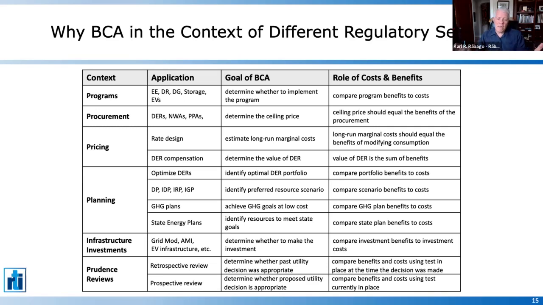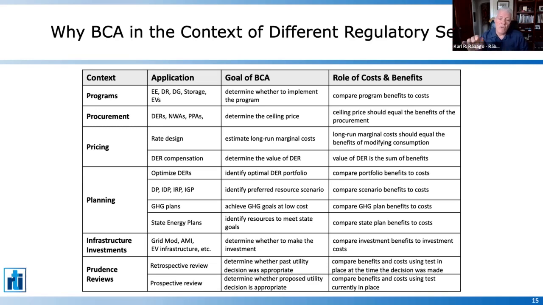There are some aspects of what we're doing you can't do a BCA on, let's say the state energy plan. It would be very difficult, something that big and complex. But you could definitely look at elements and resources within that plan to see if you're putting together cost-effective resources, and exercise some judgment over the overall thing.